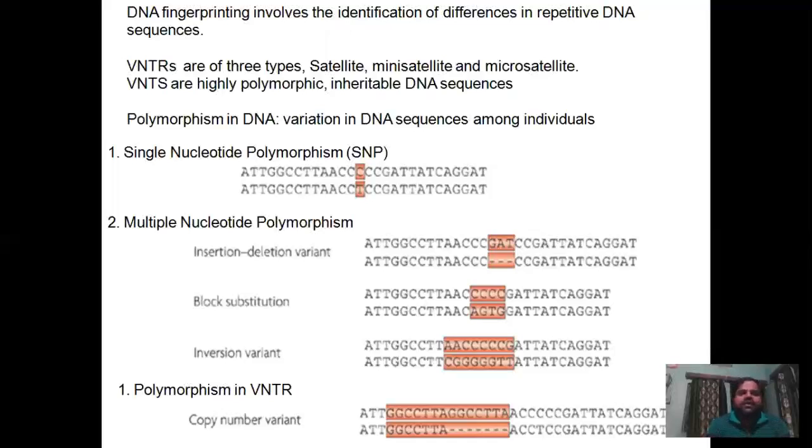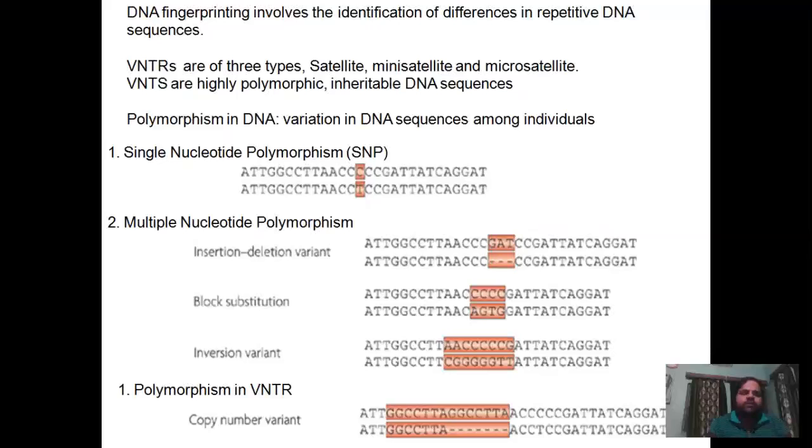VNTRs are of three types: satellite, minisatellite, and microsatellite. It means the short repetitive sequences are categorized into three categories based on the length of their repetitive sequences. These repetitive sequences are very polymorphic and heritable DNA sequences.